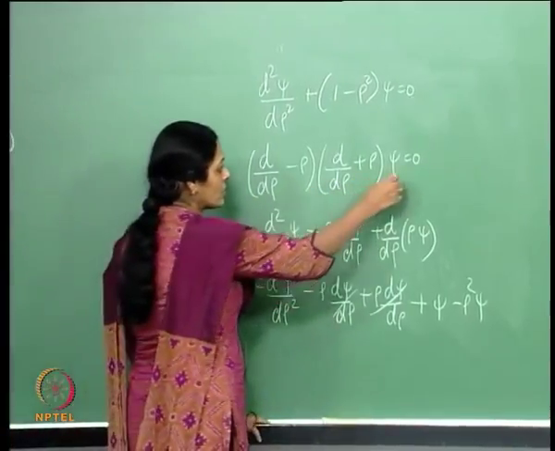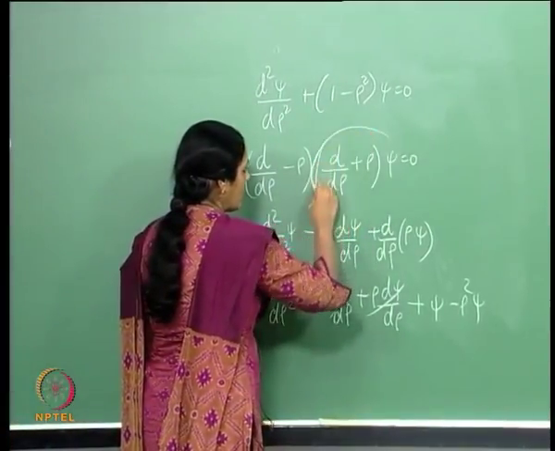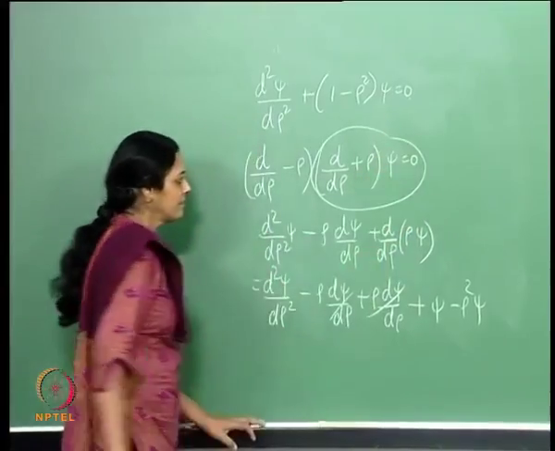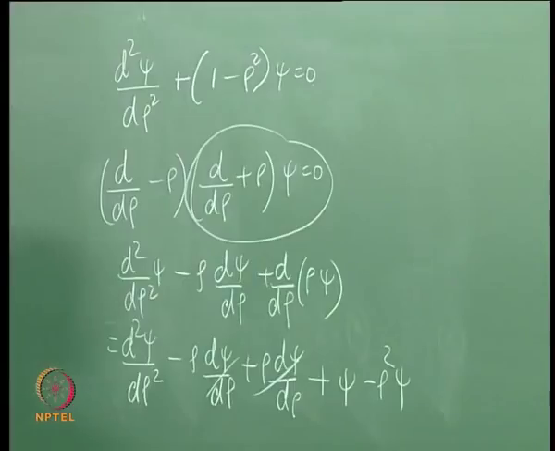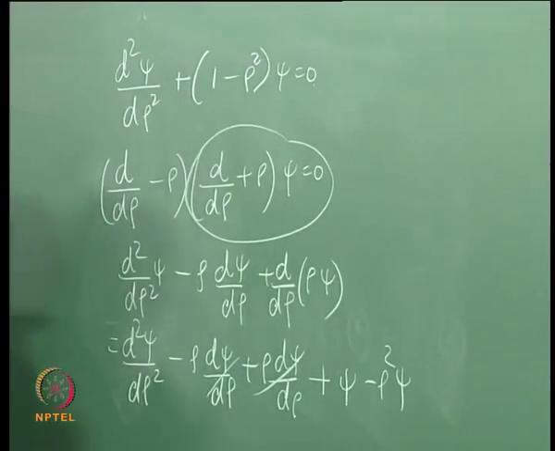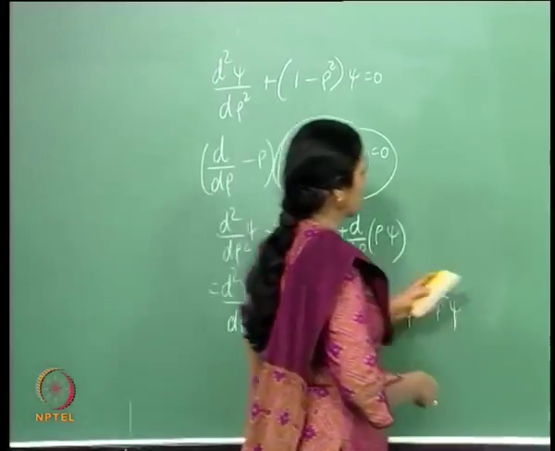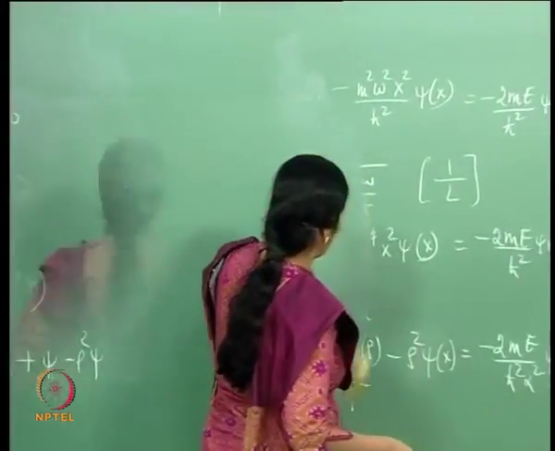Therefore, the solution of this equation could well be got from this: (d by d rho plus rho) psi equals 0. But that solution is obvious. If (d by d rho plus rho) psi equals 0, then that implies that psi is a Gaussian in rho.